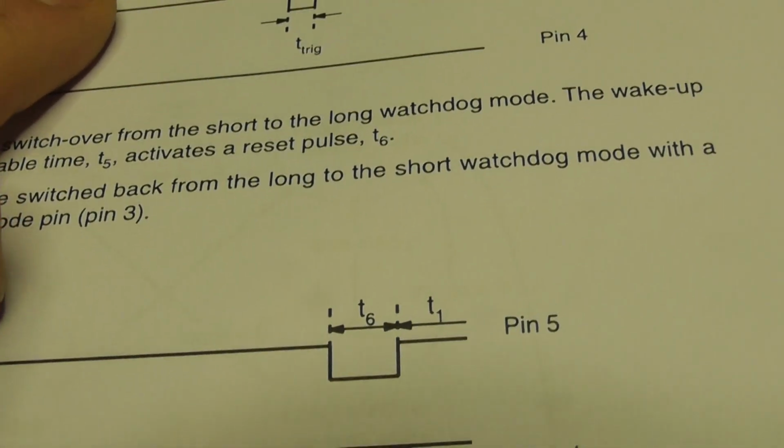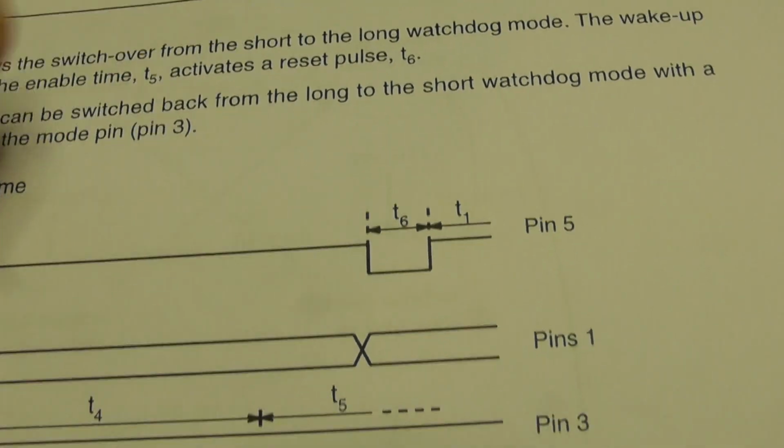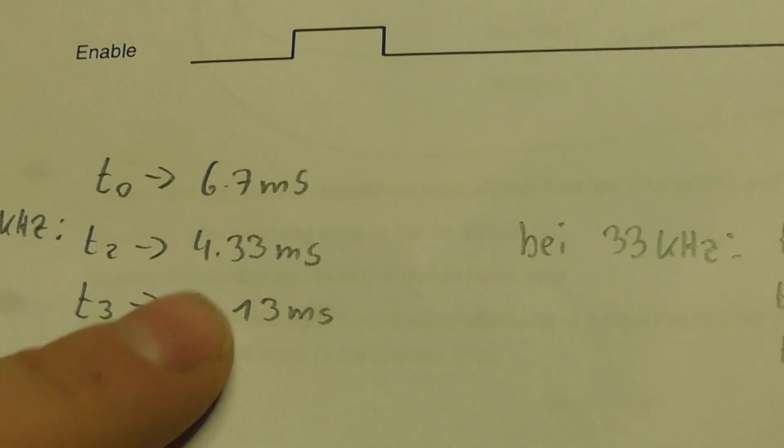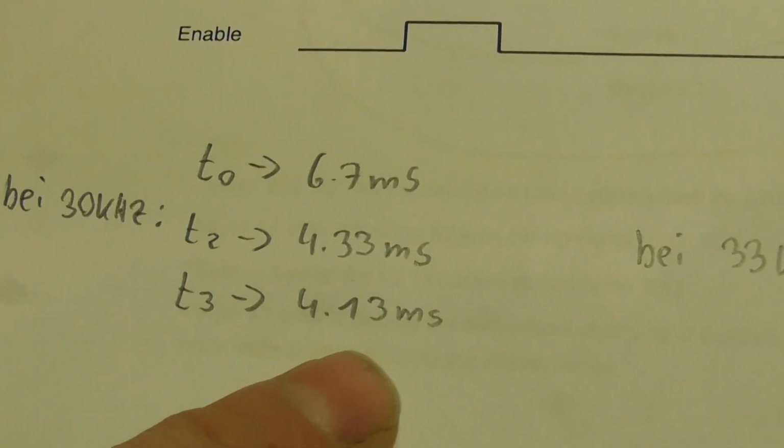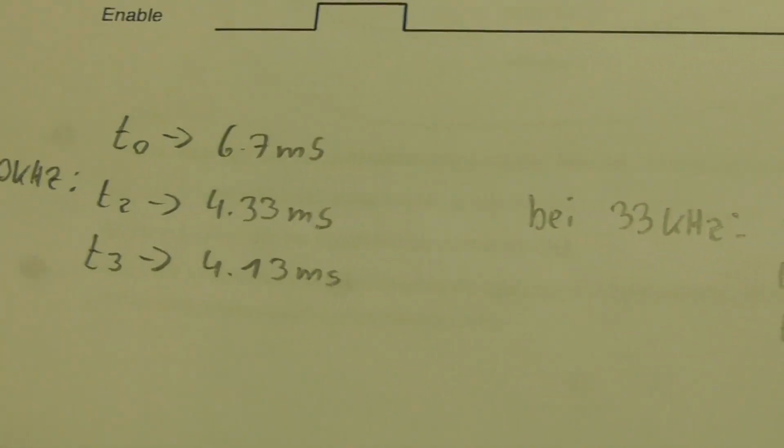T2, 130 cycles, 4.3 milliseconds, and T3, 4.1 milliseconds.